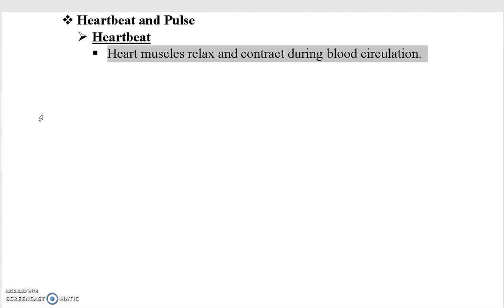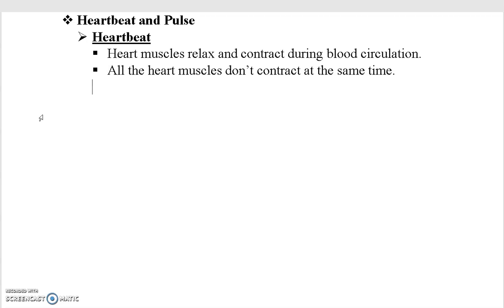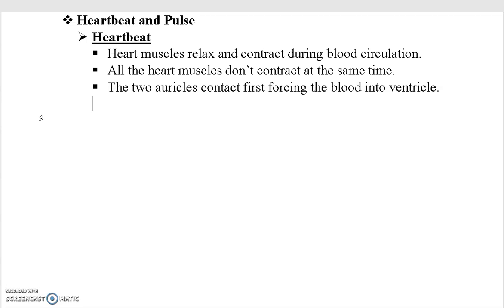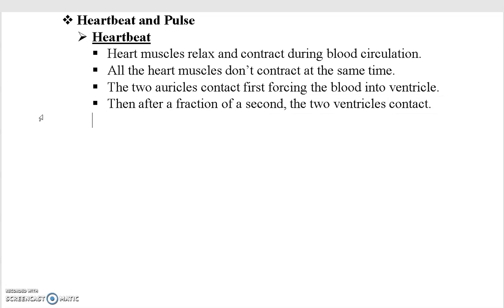So the first thing we need to understand is that heart muscles relax and contract during blood circulation. All the heart muscles don't contract at the same time. Of course, the two auricles contract first and then they force the blood into the ventricles.